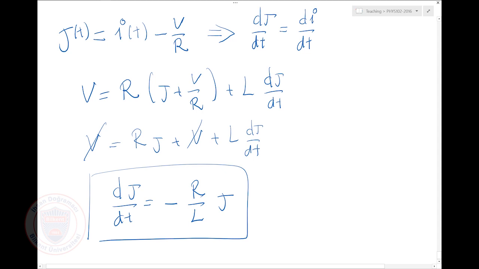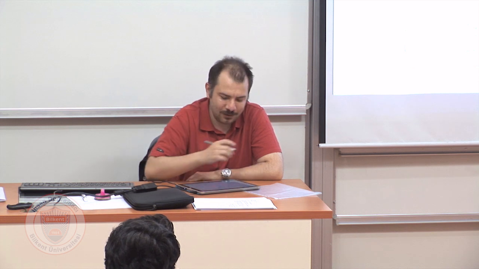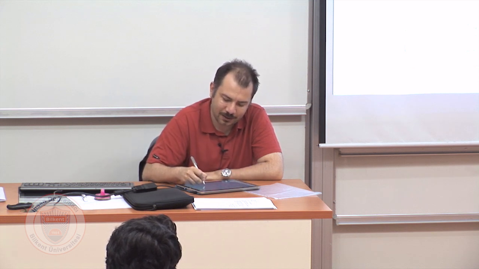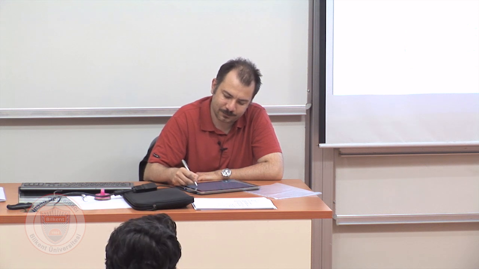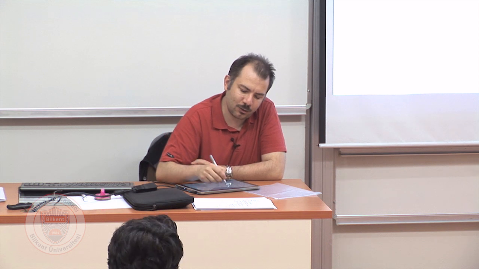Now it looks much easier, right? For which function does a derivative result in the same function multiplied by a constant? There is only one function that does that, and it's the exponential function. So j of t must be an exponential. Let's plug this in.